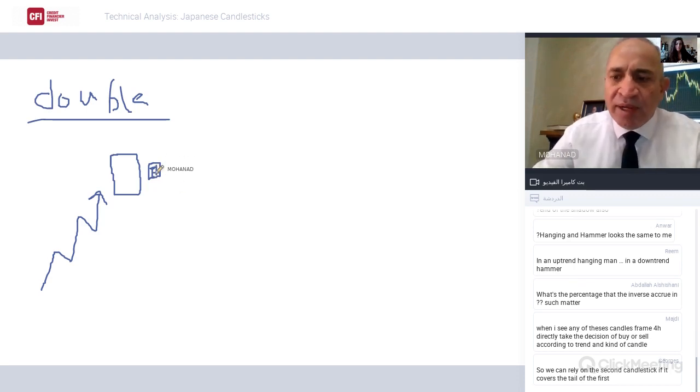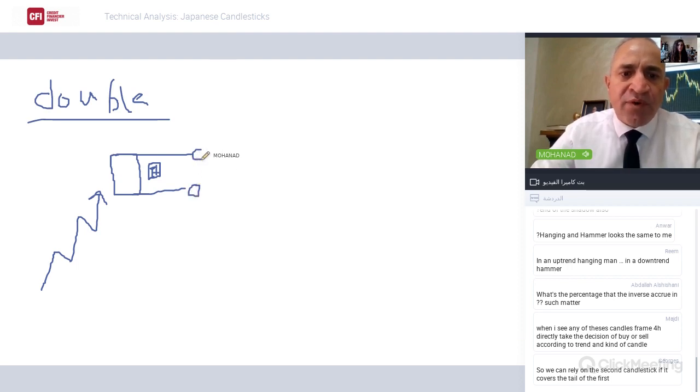The small black one, the open and the close of the small black one must be within the open and the close of the first white candlestick. This is the open and this is the close for the first white candlestick. So this is what we call engulfing?